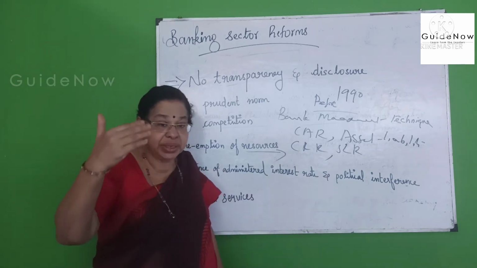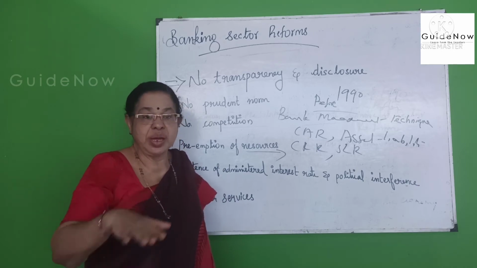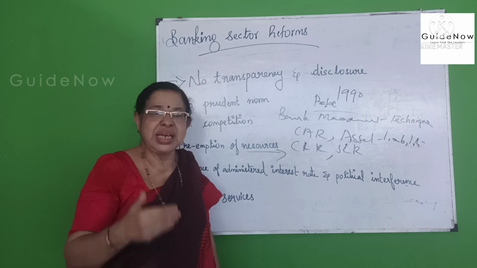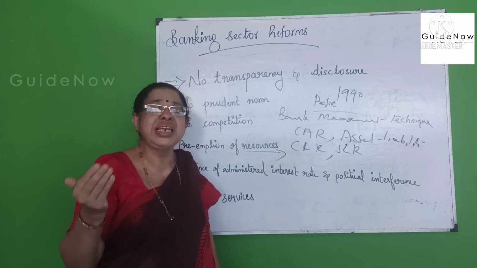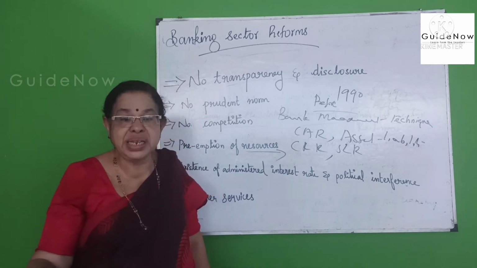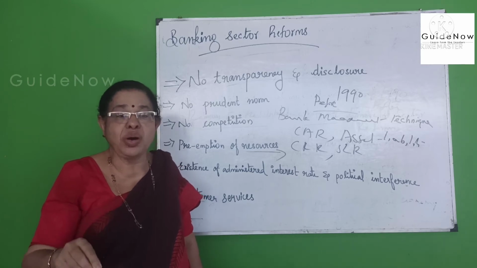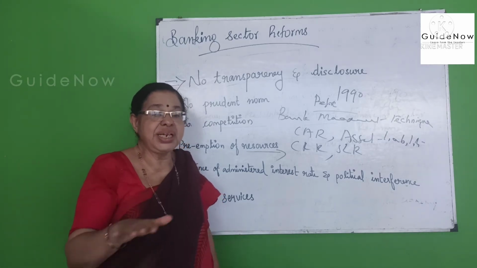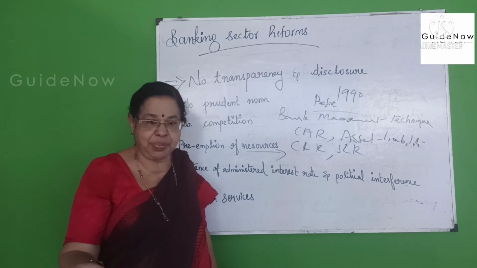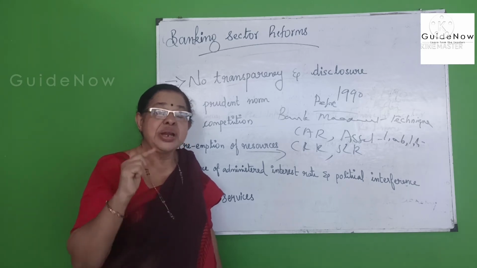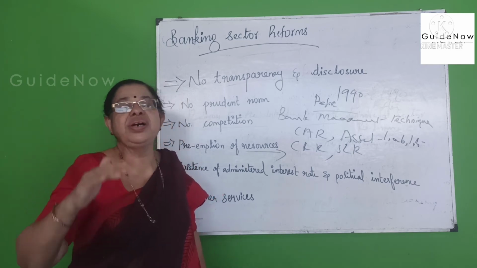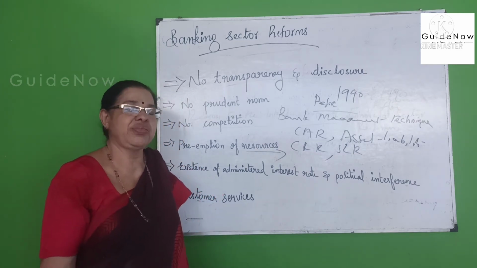At the same time, there is political support based on political capacity or political interference. This may also adversely affect the profitability of the banking system. That is, interest rates are fixed not based on demand and supply but according to the norms and conditions set by the government, which adversely affects the profitability of the bank.